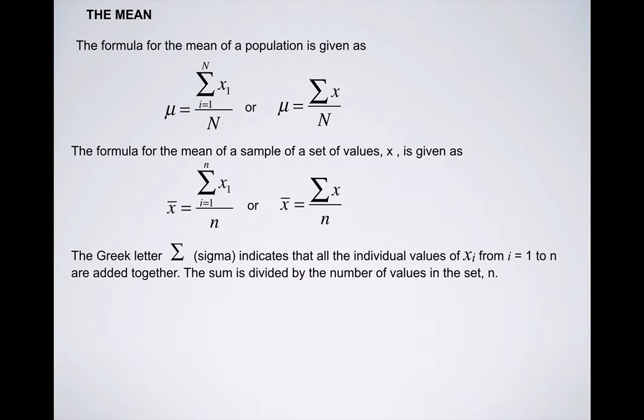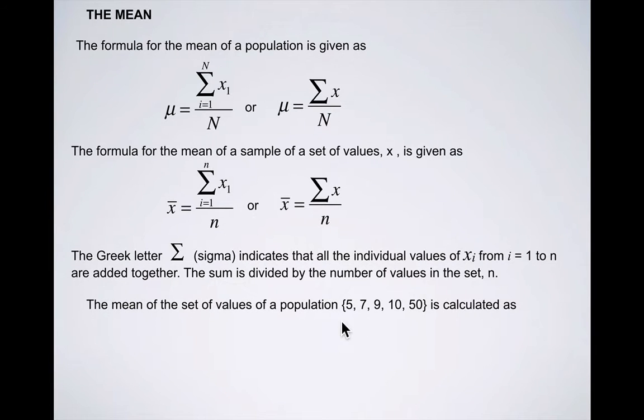Now, the Greek letter sigma indicates that all of the individual values of x, from i equals 1, which is the first measurement in the population or the sample, up to n, are all added together, and this sum is divided by the number of values, or the number of measurements in the set, whether that is the population or the sample.